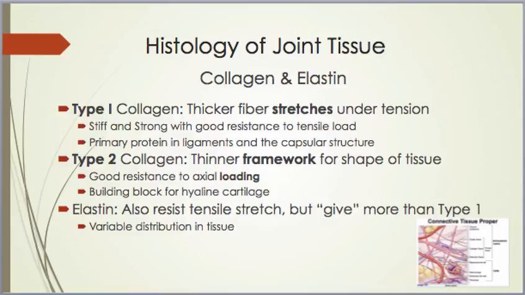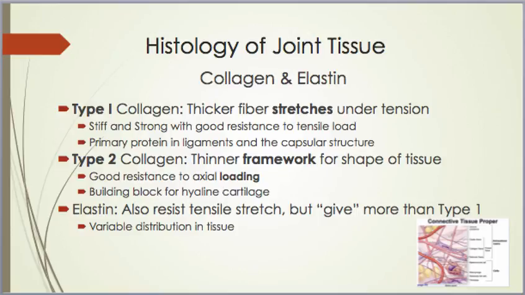Where type 2 collagen is a thinner collagen, provides a framework for the shape of tissue. In this instance, we're talking about tissue like hyaline cartilage, where it provides a good resistance to axial loading because type 2 collagen is essentially building blocks for that hyaline structure.